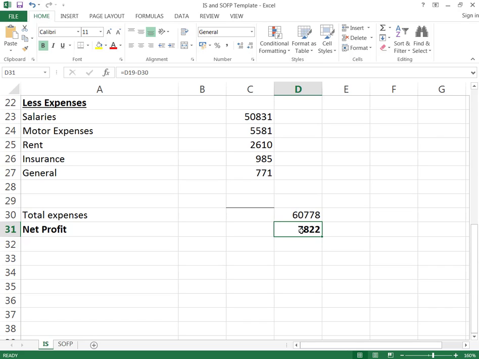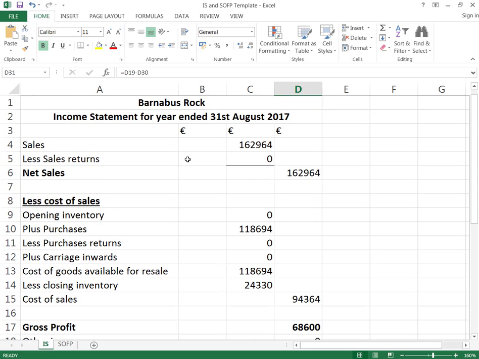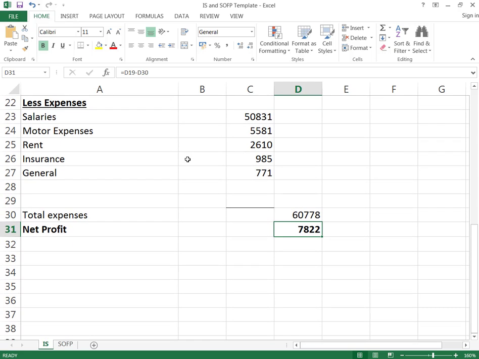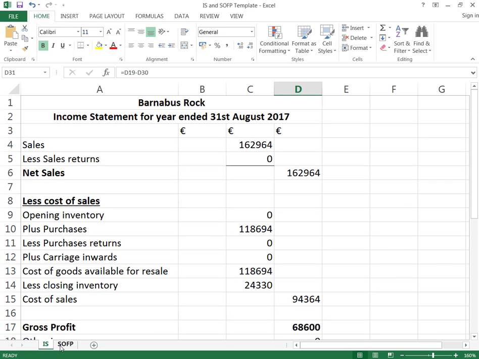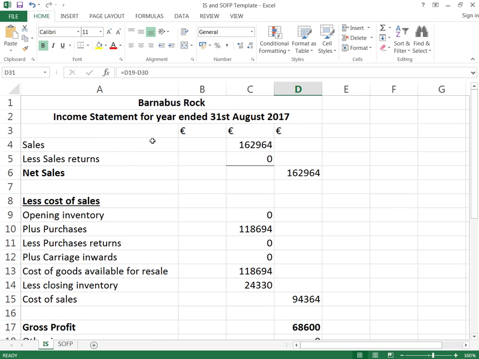You bring that net profit figure into your statement of financial position. Your net profit represents all of the pluses and minuses that happened during that period. So everything that has happened is reflected in that one number. That 7822 is the entire performance of your business. So, statement of financial position as at, and income statement for the period ended.